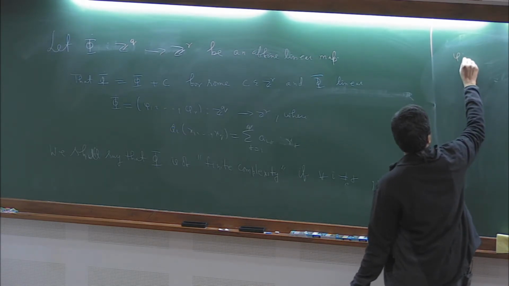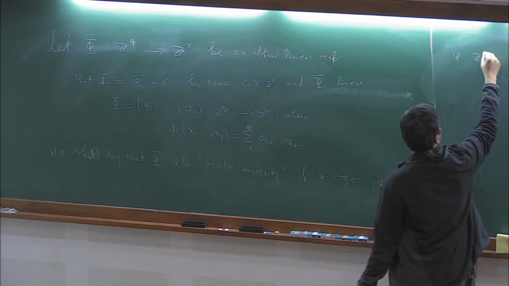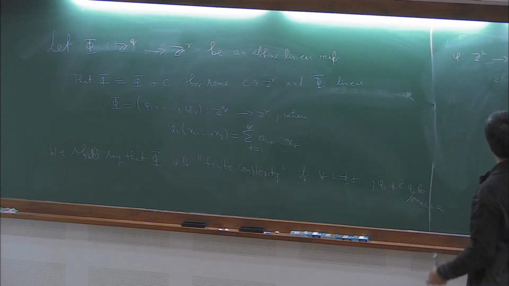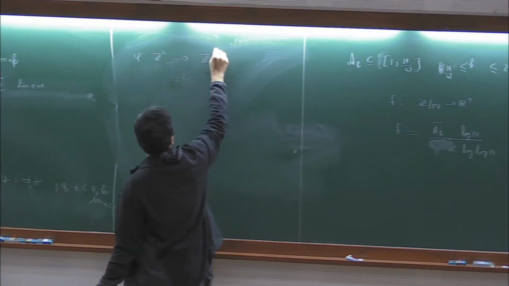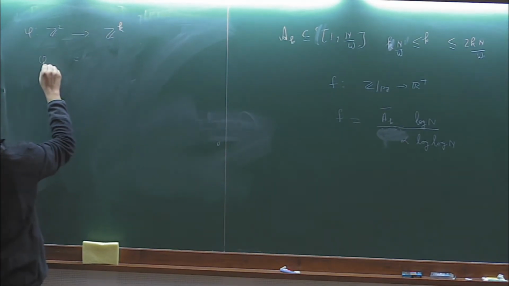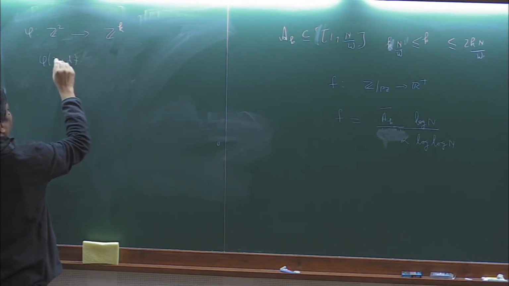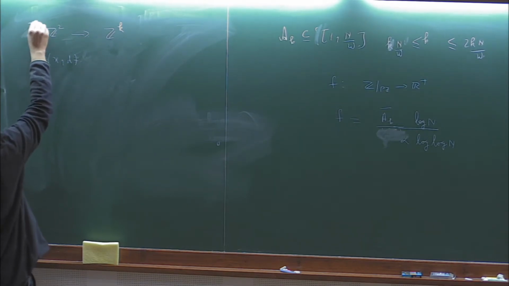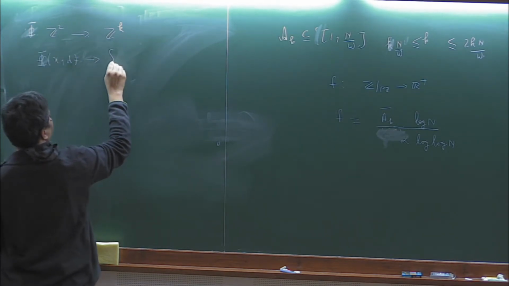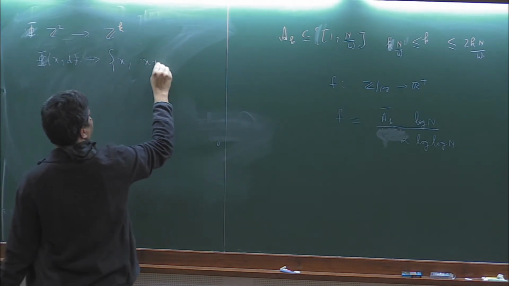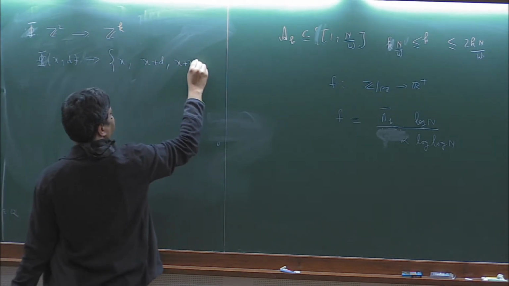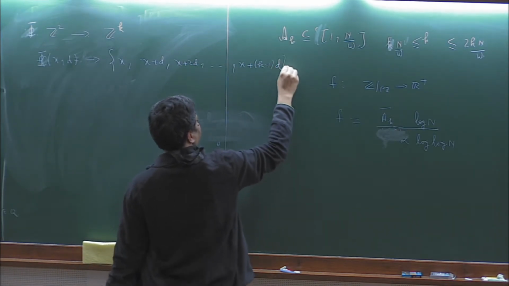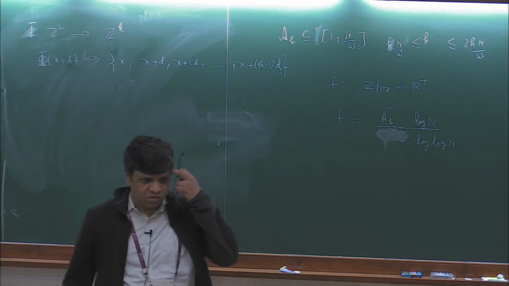So for instance, phi from Z^2 to Z^k, phi of (x, d) going to x, x plus d, x plus 2d, and so on.